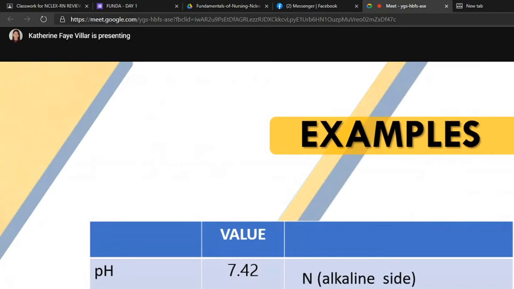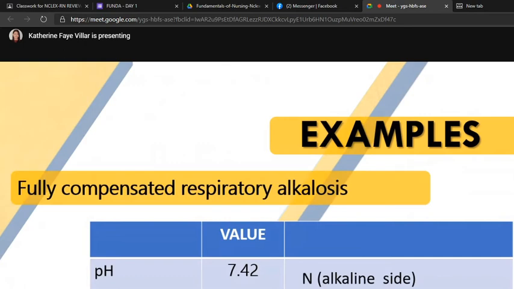Alkaline din. Abnormal, okay, alkaline. And HCO3, 21. Acidic. Okay, so the interpretation is respiratory alkalosis. And then fully compensated. Ayun. Okay, so yes, fully compensated. Wala akong cheat sheet. Woohoo!